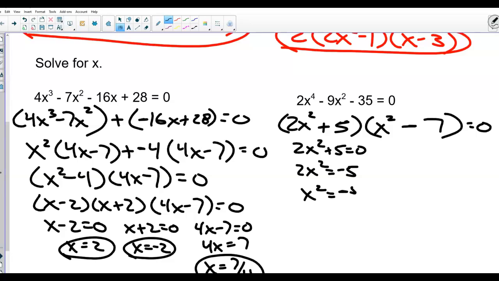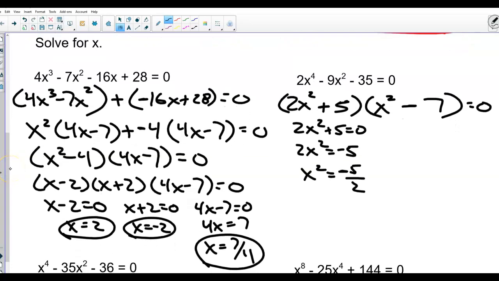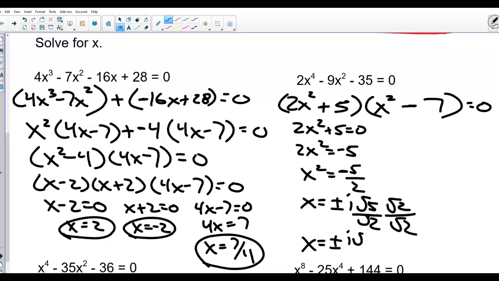X squared equals a negative 5 halves. Now, when you take the square root of both sides, you're getting plus or minus i root 5 over root 2, which means you need to rationalize root 2 over root 2. My answer is plus or minus i root 10 over 2.